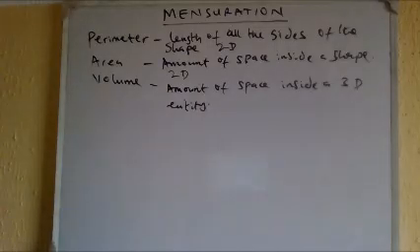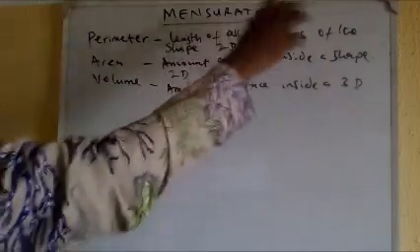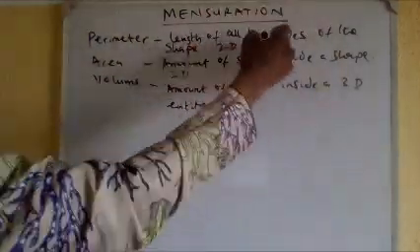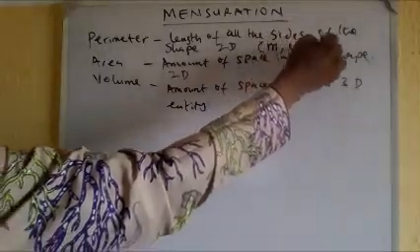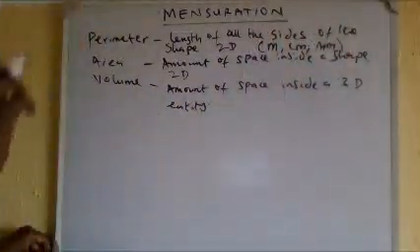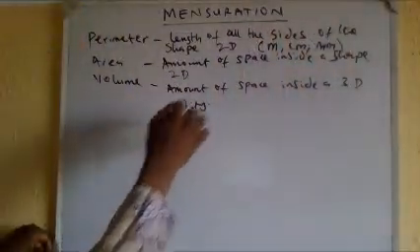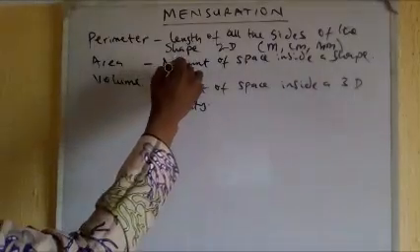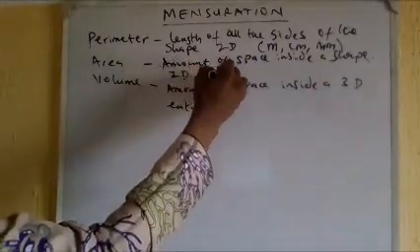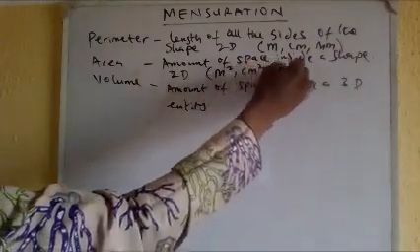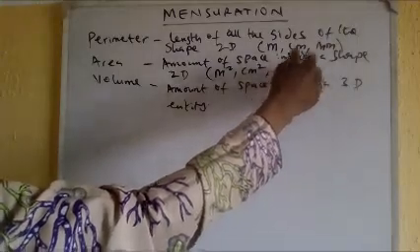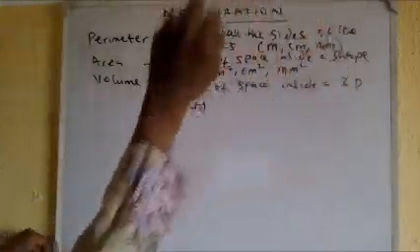So for perimeter, because we are just measuring the length, the unit is meter or cm or millimeter, as the case may be. For area, by the time you do your calculation, the unit is meter square, centimeter square, millimeter square or kilometer square, as the case may be.